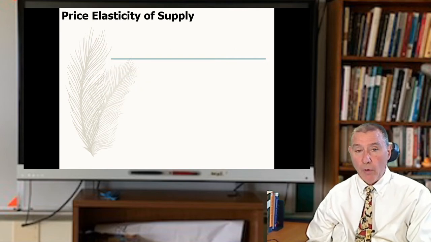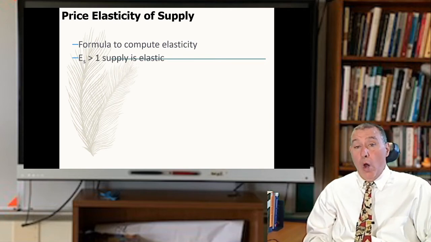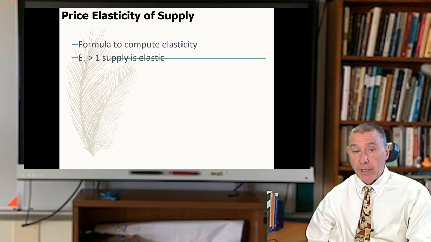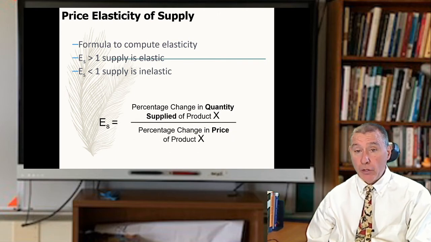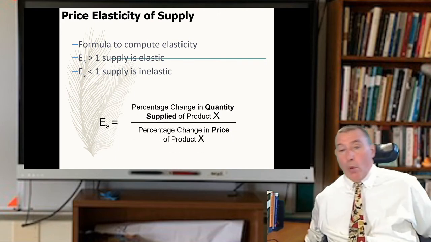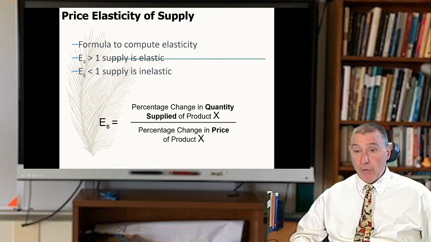So let's look at the formula for a second. Okay, the formula of computed elasticity, same concept. Greater than 1, supply is elastic. Less than 1, supply is inelastic. So what does the formula look like? Here's your formula. Percentage change in quantity of the product over the percentage change in price of the product.